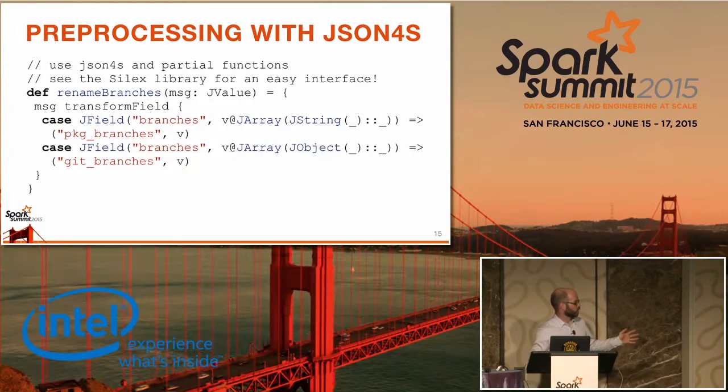If you like writing Scala and you like partial functions, and I like both of these things because I like only having to worry about the cases I care about, you can use JSON4S to pre-process your records. In this case, we're saying if we have a branches field with an array of strings, we're going to rename that to package branches. If we have a branches field with an array of objects, we're going to rename that to Git branches. And in this case, we don't have that conflict anymore. We don't have a diverging schema.